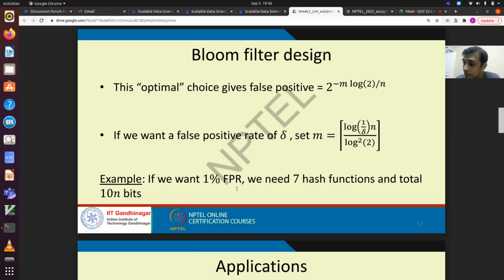So that should be the coefficient of n. Yes, sir. And because 3.32 is not an integer, it is just rounded off. And the k that you get, let me just bring up the slide.